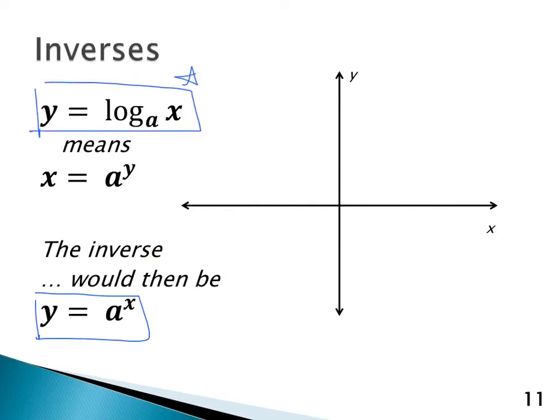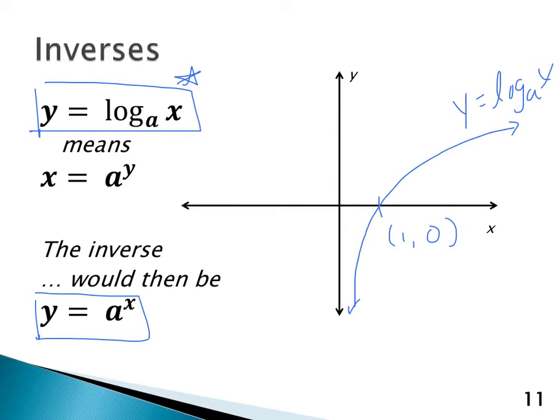So let's graph this guy first. The coordinate plane is already labeled. This is the curve y equals log base a of x, and it hits here at 1, 0. Now, when we get an inverse, remember we're switching the domain and range. So instead of 1, 0, we're going to have the point 0, 1 here, and then our exponential has this look to it.